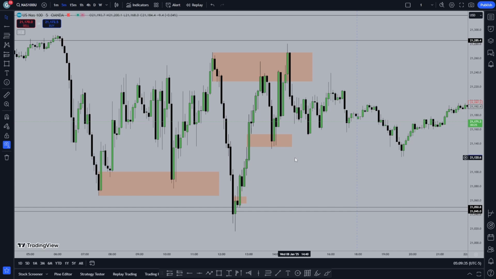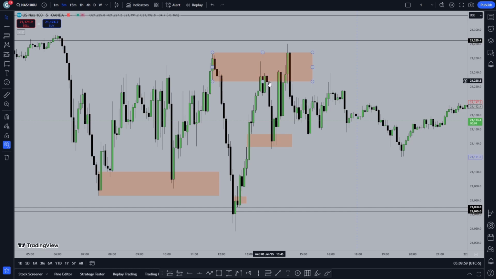I will make a video about that also, but let's look over here. So over here, what's this? Supply zone. People will take sell from the starting of the supply zone, and where will the stop losses be? The stop losses will be above this high, right? So what happens? Price went up, took that sell side, and went down.